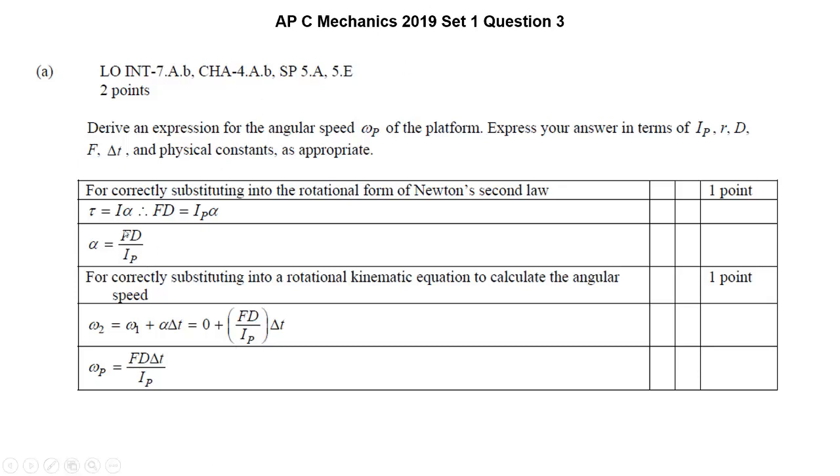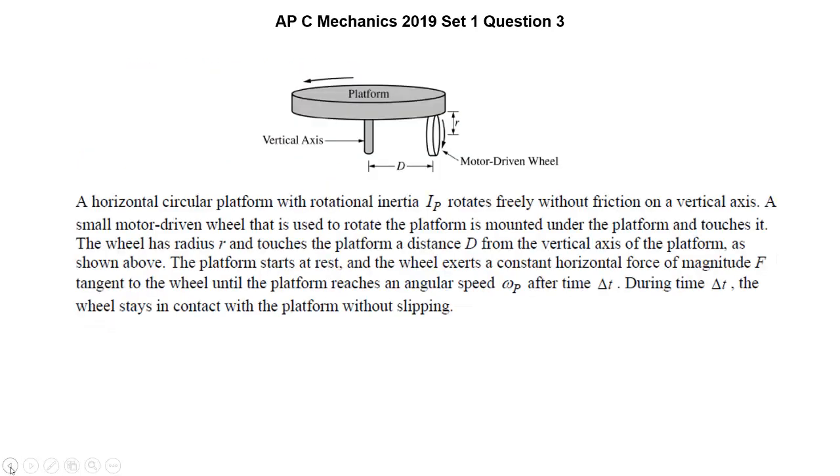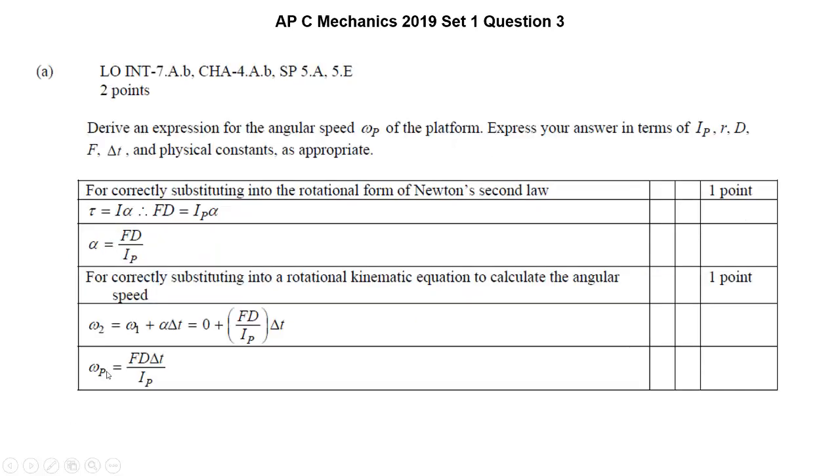And so if we look at what the wheel is doing to the platform, torque equals I alpha. They say the torque is just the force times d. If we go back to the diagram, d is the distance from the axis of rotation to the point of application of the force. Note it also said tangent to the wheel, so technically this is really F d sine of 90, but the sine of 90 is 1.